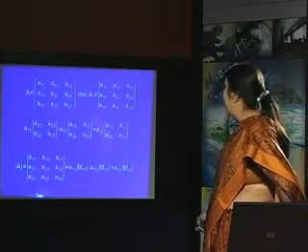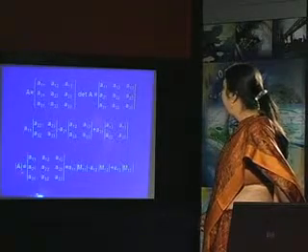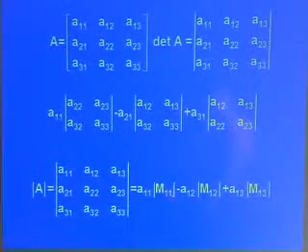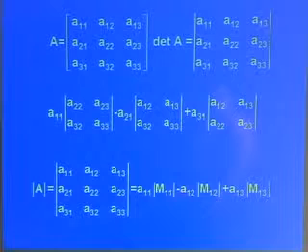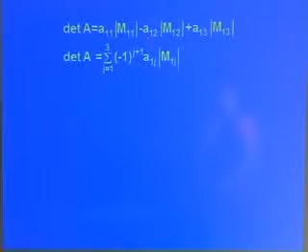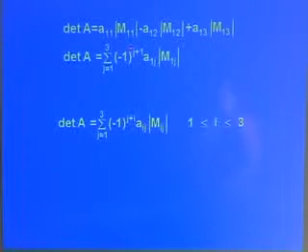Using this concept, one can write down determinant A as A11 times minor M11 minus A12 multiplied by M12 plus A13 multiplied by M13. This minus and plus is coming because we have to have alternate signs, and this formula can be used for these signs.